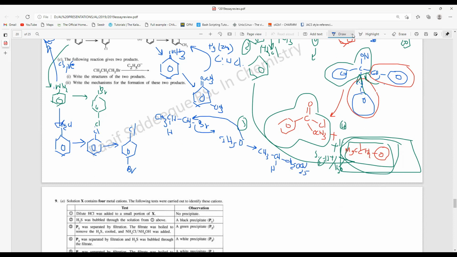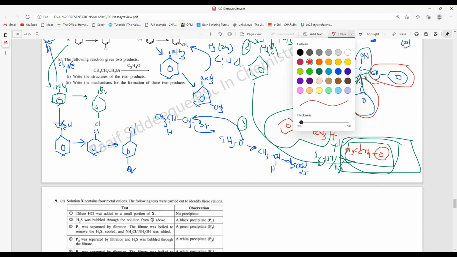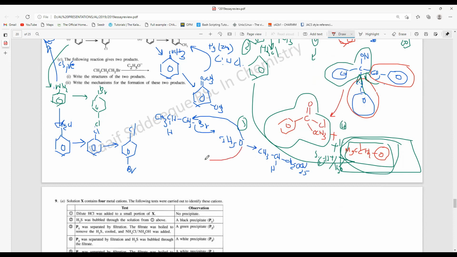Or else, it can attack the adjacent hydrogen, and this bond will break here, and this bromine also leaves like this, and now it would form the dehydrohalogenated, minus HBr, product, which is our alkene: CH double bond CH2.